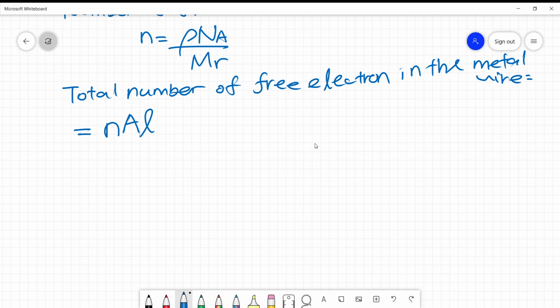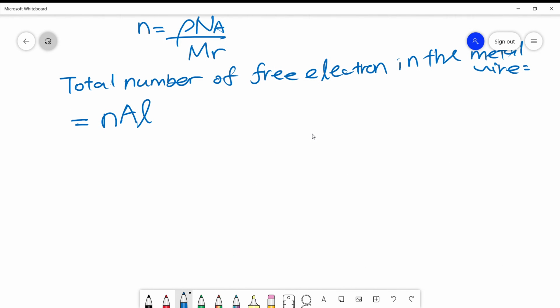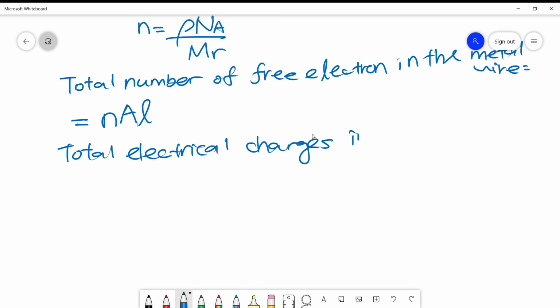If I wish to find the total electrical charges in the conductor, (conductor and wire are the same), the higher the number of free electrons, the higher the electrical charges.